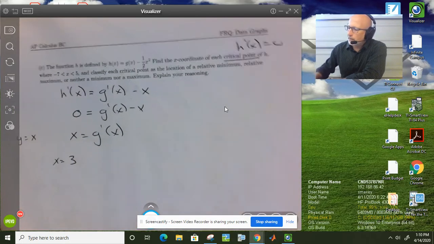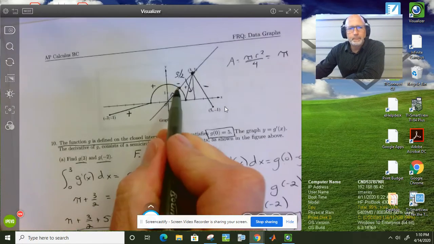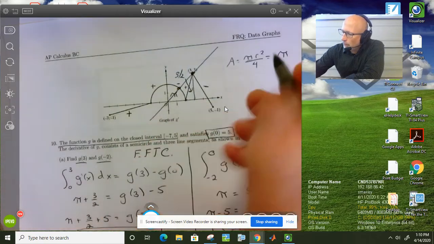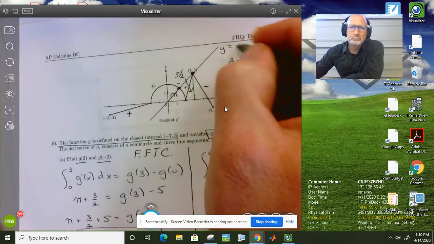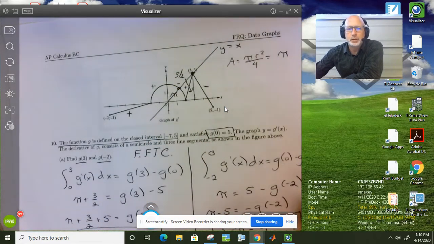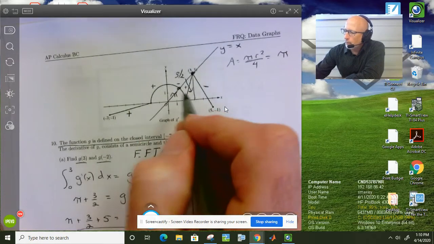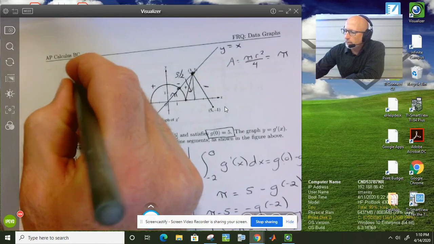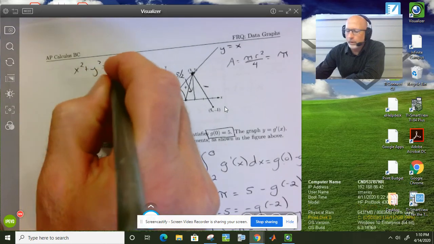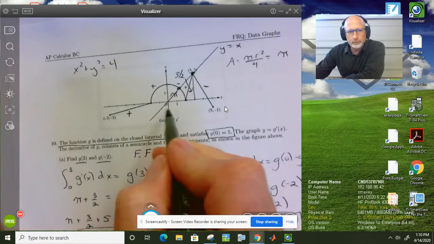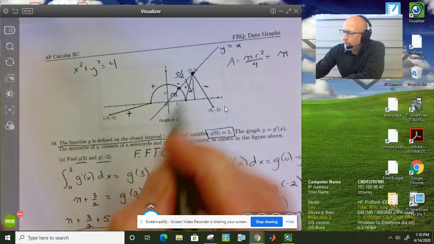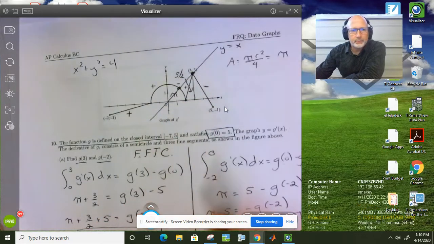But I have another point over here. It's the place where y equals x, essentially, because g prime crosses the graph of this circle. That circle is given as x squared plus y squared equals 4, because the radius is 2. But at that point, y equals x.